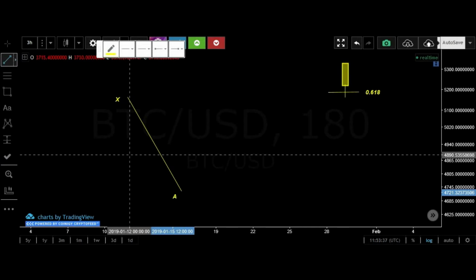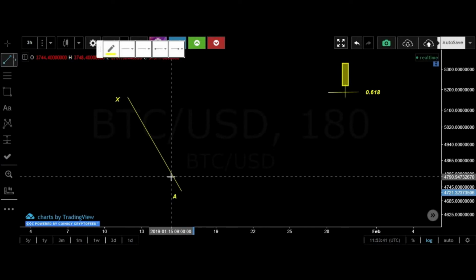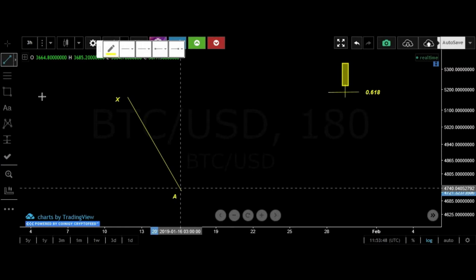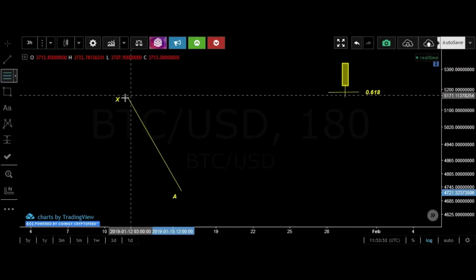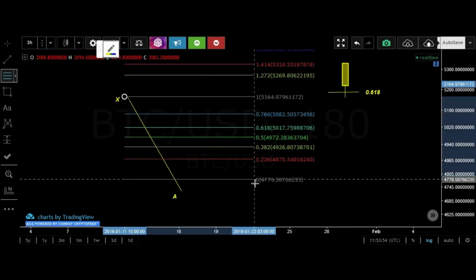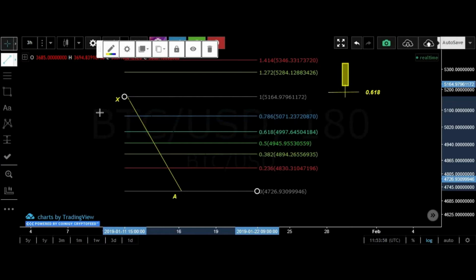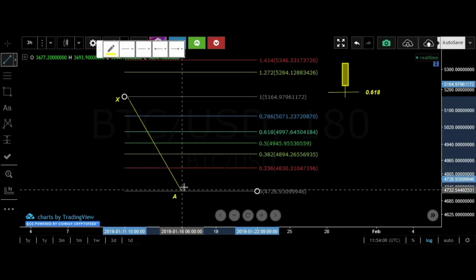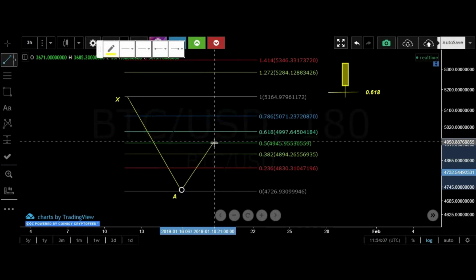After you've gotten this move, it doesn't require any Fibonacci retracement calculation. To get the B leg, that's where we use our retracement ratio from the X leg down to the A leg, and the B leg will come right between the 0.618 down to 0.5.